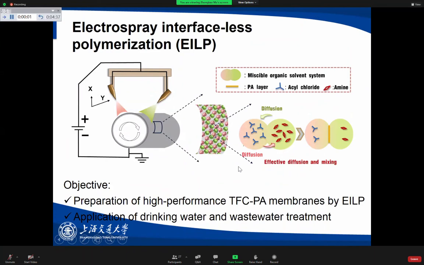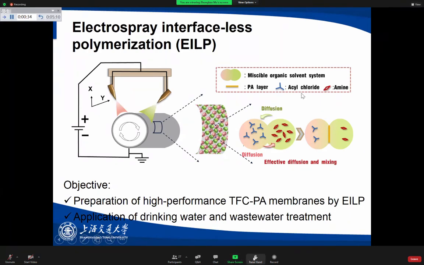In order to avoid the side reaction and inhibit the interfacial instability at the same time, we propose to use electrospray and a miscible organic solvent system to prepare the PA membrane. Organic solvent can avoid the hydrolysis of the acyl chloride and improve the membrane cross-link degree.